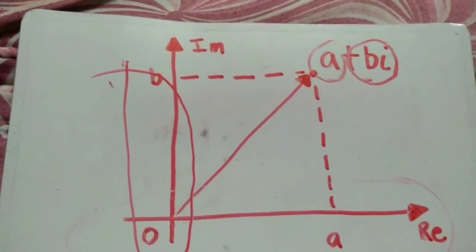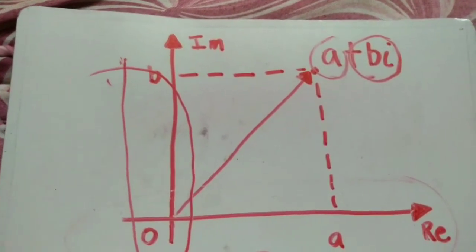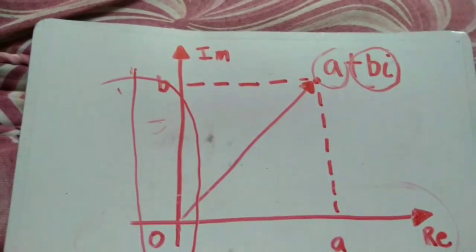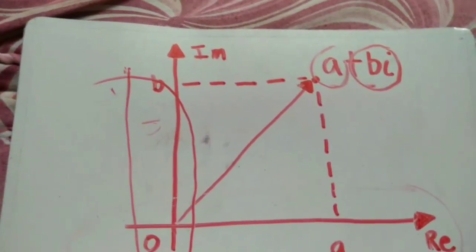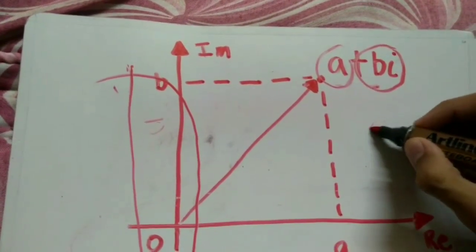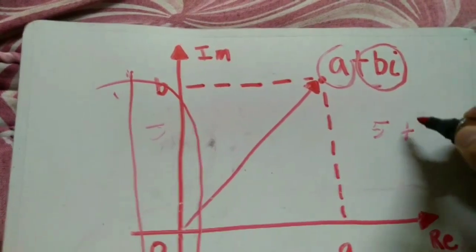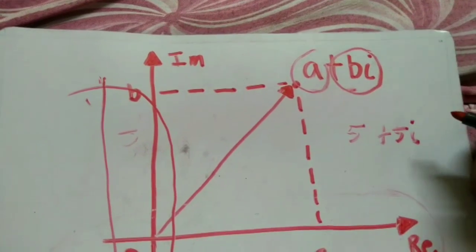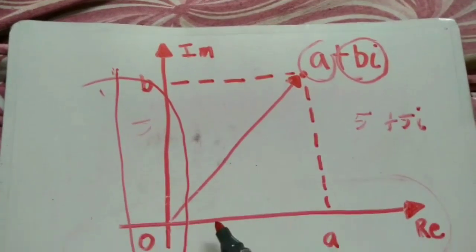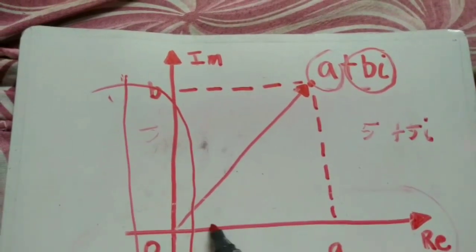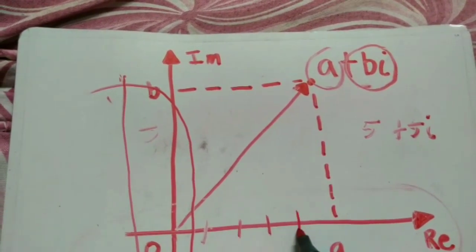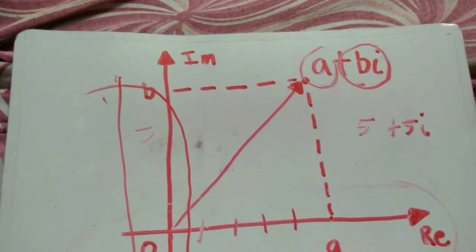So if your a is 5 and your b is also 5, let's try to solve this. Your number is 5 plus 5i. Let's say this one is the 5: 1, 2, 3, 4, and 5.